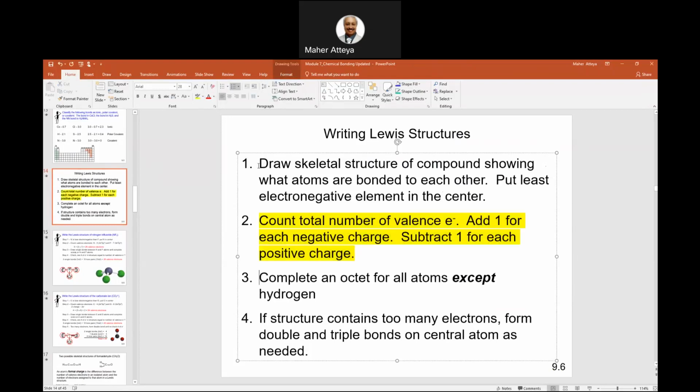But before this, you have to always put the least electronegative atom in the middle, the center. Why? Because you can't keep those electronegative atoms together. They are pulling valence electrons. They are so aggressive. Put them farther away from each other, and you cannot put them near each other. They make the molecules not stable.